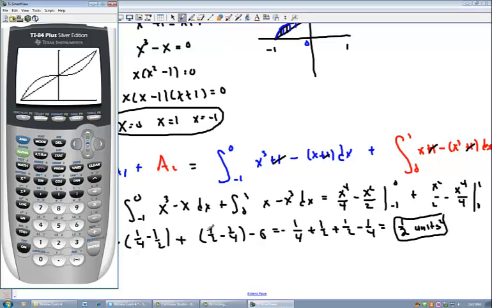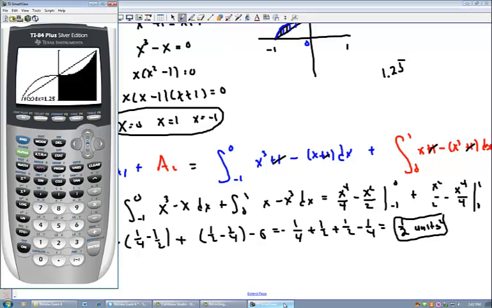And we can check our answer on this one. If I want to check my answer, what's the easiest way to do this? Let's just do second, calculate number 7, and let's just do the first quadrant. So I'm going to go from 0 to 1, and it should go right underneath there. So I get 1.125.